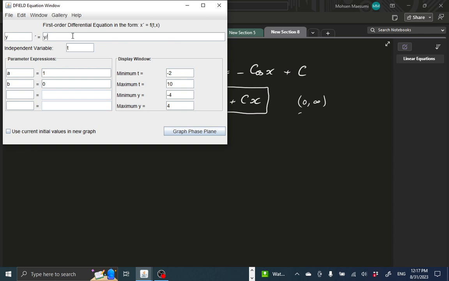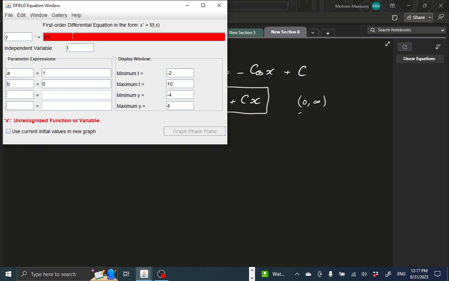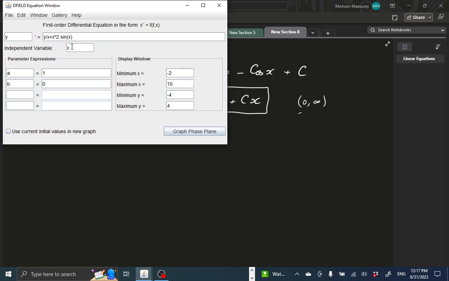So I have y over x in my equation, and then plus x squared times sine of x. And it's in red, meaning that the software is complaining something is not quite working, because our independent variable is x. So let's make sure that we are all good to go here. We had y over x and x squared sine x, if I'm not mistaken.